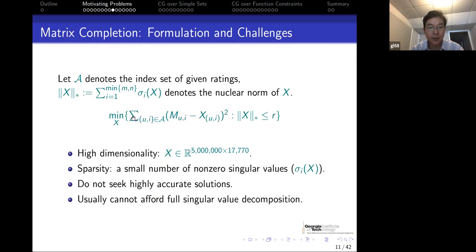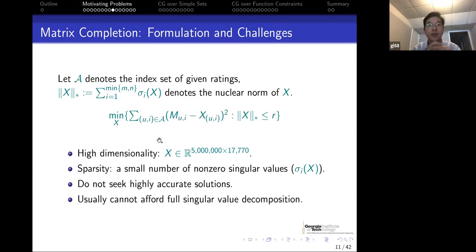Then we would like to minimize the difference between X, which is the matrix we want to recover, and M, the ratings that have been given, subject to the constraint that the nuclear norm of the variable capital X be small. The nuclear norm is defined as the summation of the singular values of the matrix.